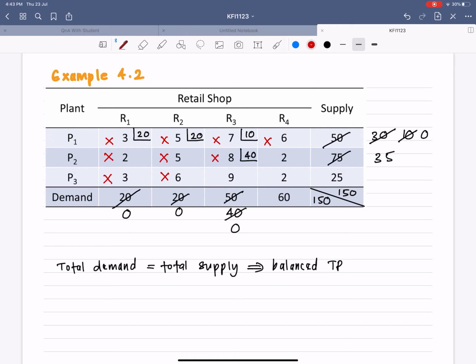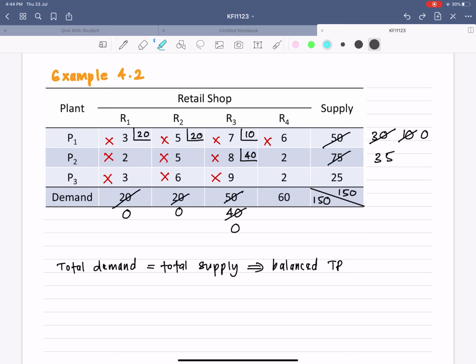In this case, we will cancel out these two. Now the remaining cells are this one. Among these two cells, the first one is located at the northwest corner, so we will allocate a value there.